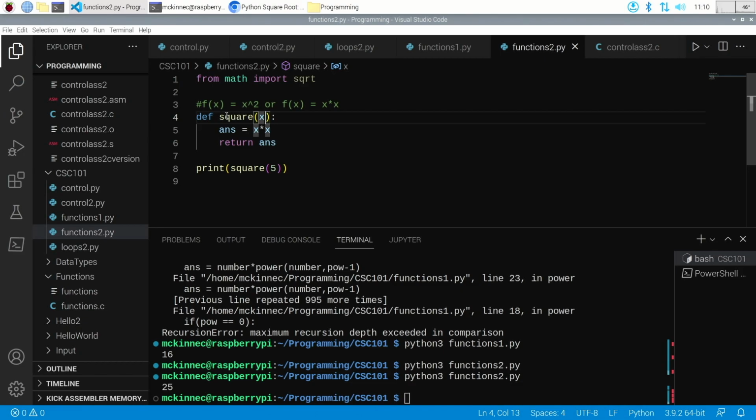Okay. And maybe what I should say there is, would it make sense to plug in a letter for x here? Why not? Well, what does it mean to multiply a letter by, I don't know what that means, right? But it does make sense to multiply a number by a number, right?